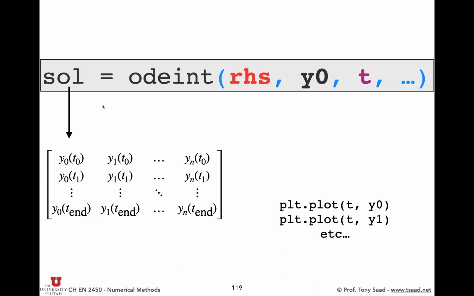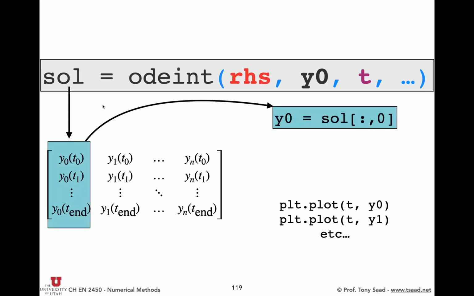So we need to extract the array of y0s at the times t and plot those. And the way you do this is we use slicing, like we've learned to do previously. So for y0, you simply grab all the rows in the first column in the array. Okay, so you define y0 as equal to solution for all the rows, that's the colon, comma 0.